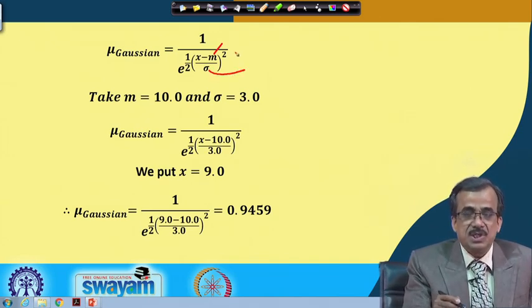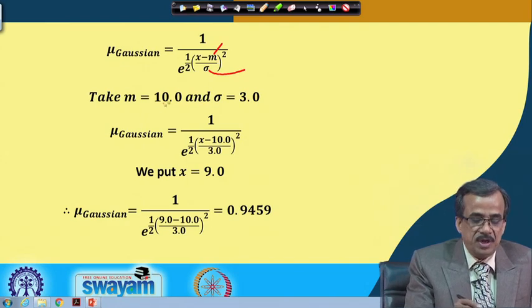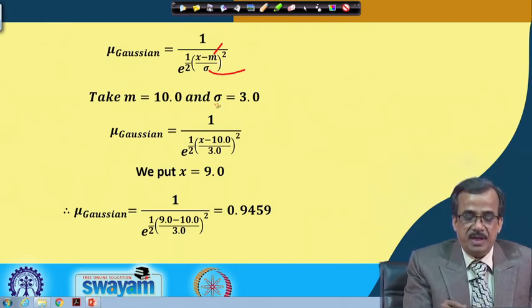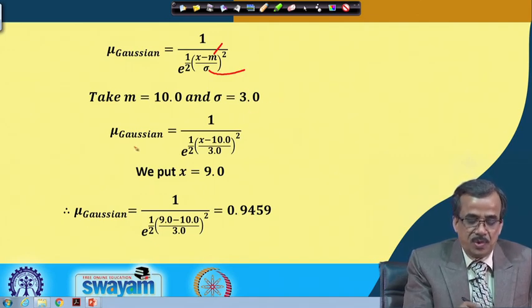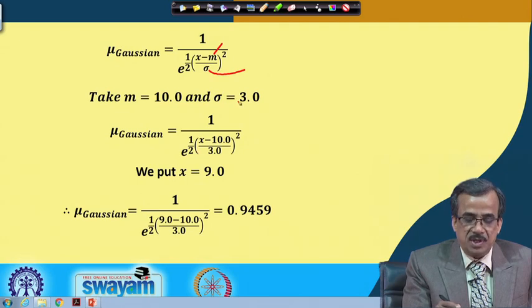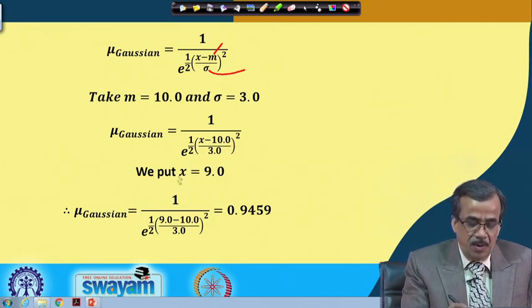Now, we are going to substitute the values: m equals to 10.0 and the standard deviation equal to 3.0. So, we will be getting this expression, that is mu Gaussian is nothing but 1 divided by e raised to the power half (x minus 10) divided by 3, whole square, and now we put x equals to 9.0.